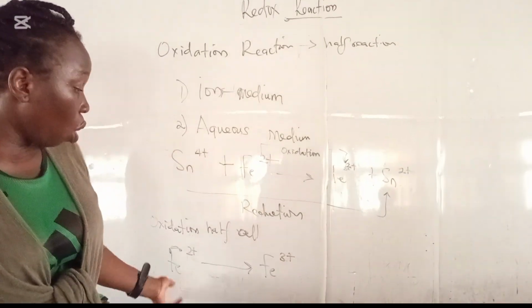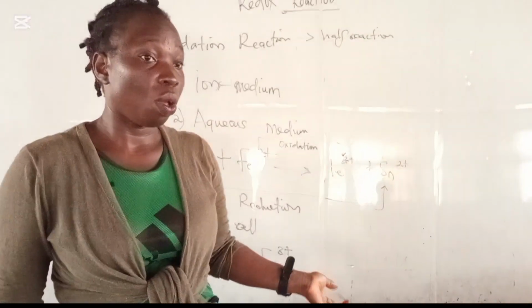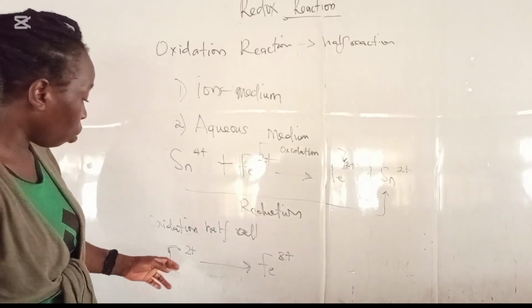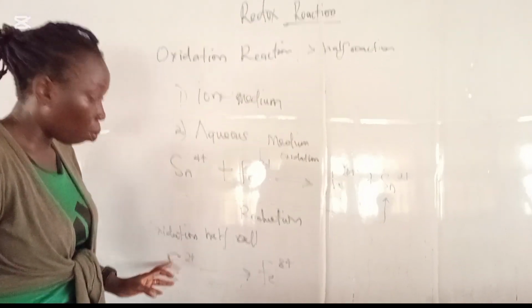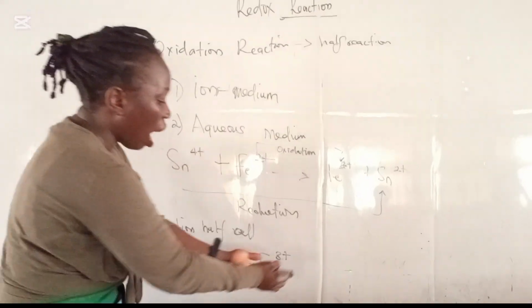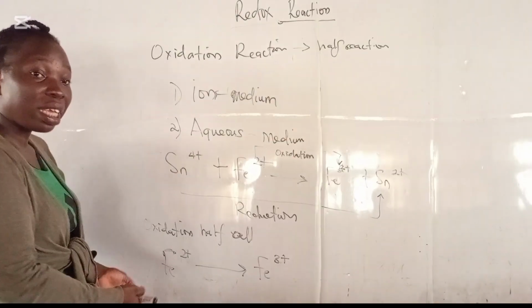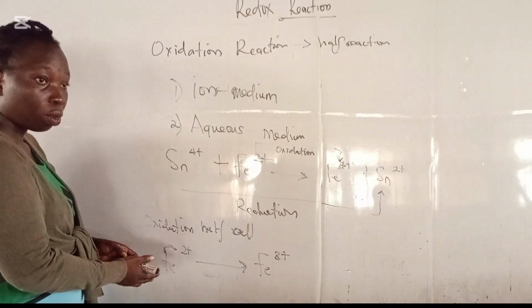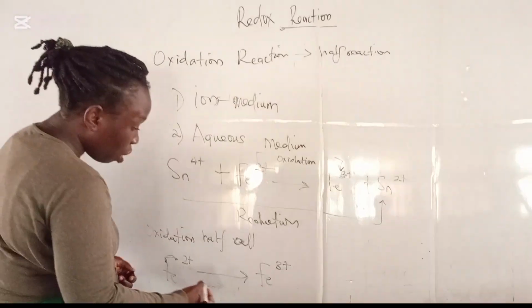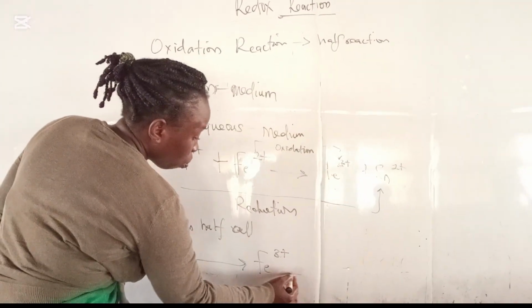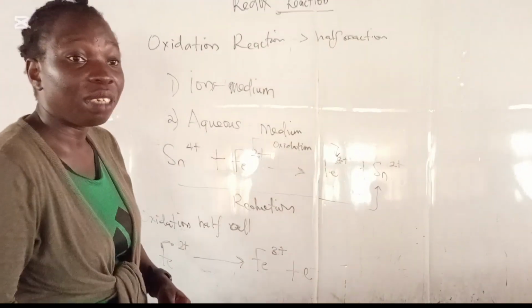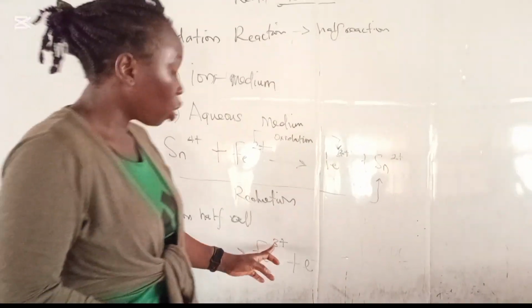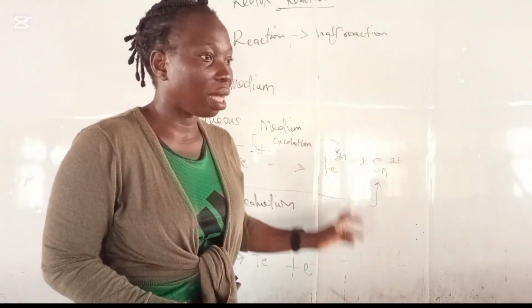Remember we said oxidation is the loss of electrons, and is the increase in oxidation number. So to make it plus 3 from plus 2, we are going to add one electron. Electrons are negative charge. So it becomes 3 minus 1.